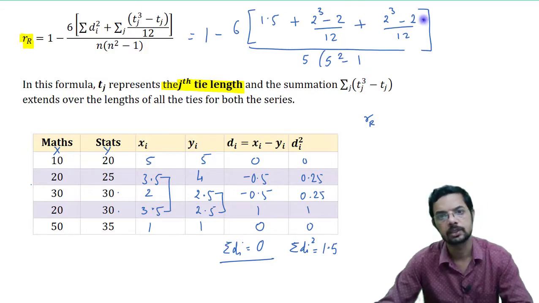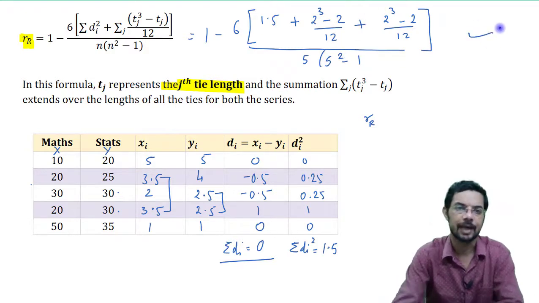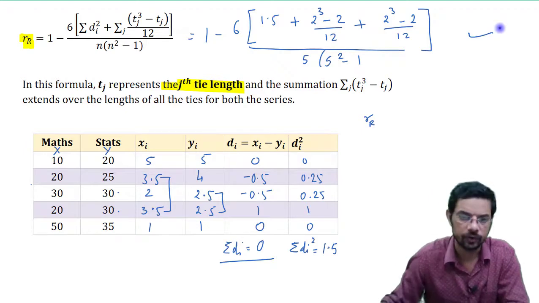Now once we calculate this value, what we get will be the rank correlation coefficient.